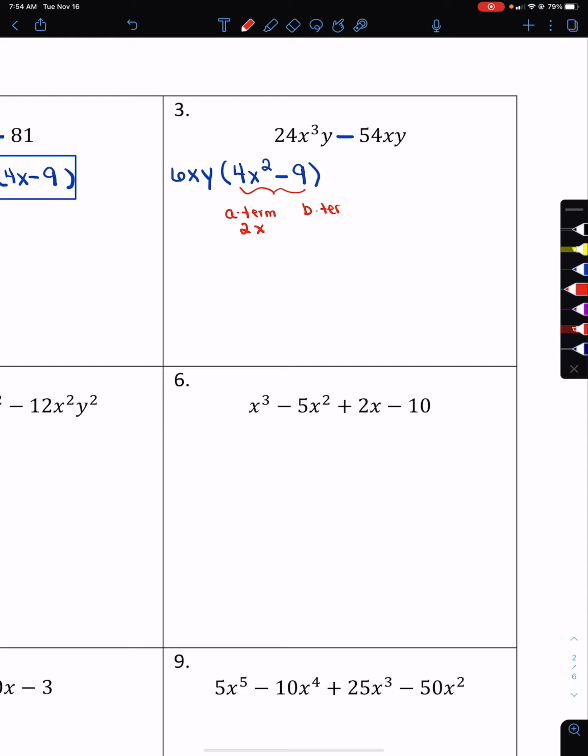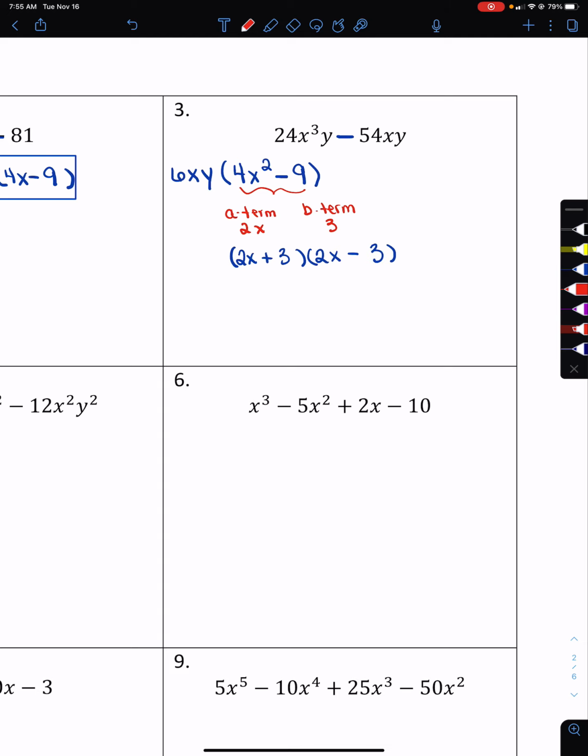The b term would be 3. So I would have 2 factors. One's going to be added, one's going to be subtracted. I will have 2x plus 3. We'll have 2x minus 3.